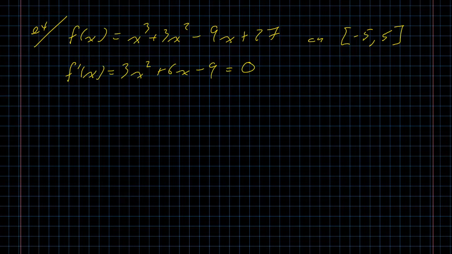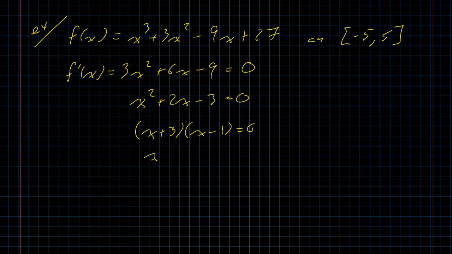All right, solving this equation is not too bad. It's a quadratic equation. I notice in this case that all of my coefficients are multiples of 3. I could use the quadratic formula, but this is a pretty easy one to factor, so I'm going to go ahead and go about it that way. This is going to be x plus 3 times x minus 1, which means that x itself is either negative 3 or positive 1.